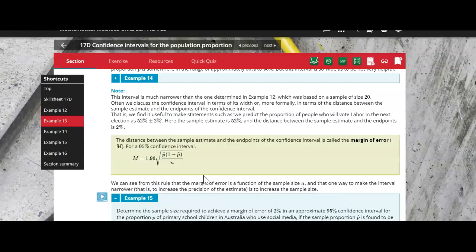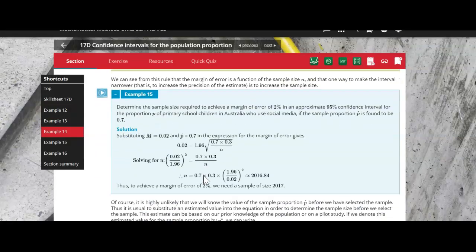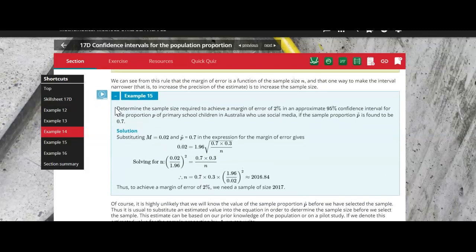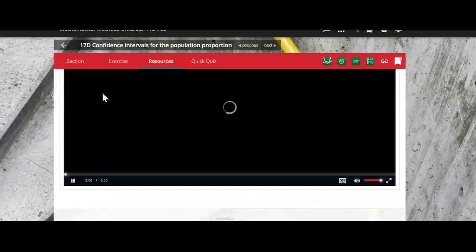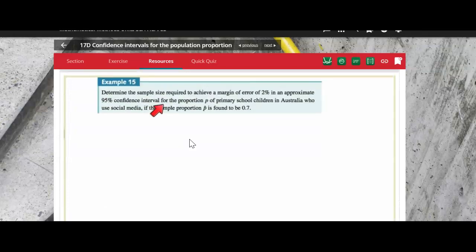All right, so I'm just going to go back to here and we'll watch example 15 and then we'll do some questions together. To find the sample size required to achieve a margin of error of 2% for a particular 95% confidence interval, we're going to use our margin of error formula, and that is that 1.96 multiplied by the square root of p hat times 1 minus p hat over n needs to be equal to 0.02.